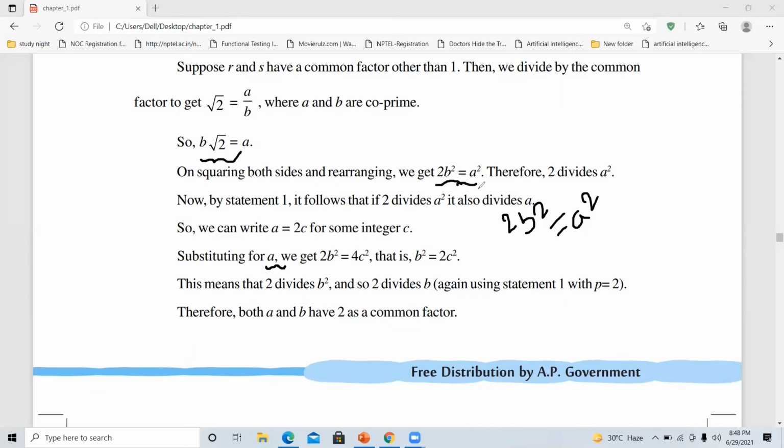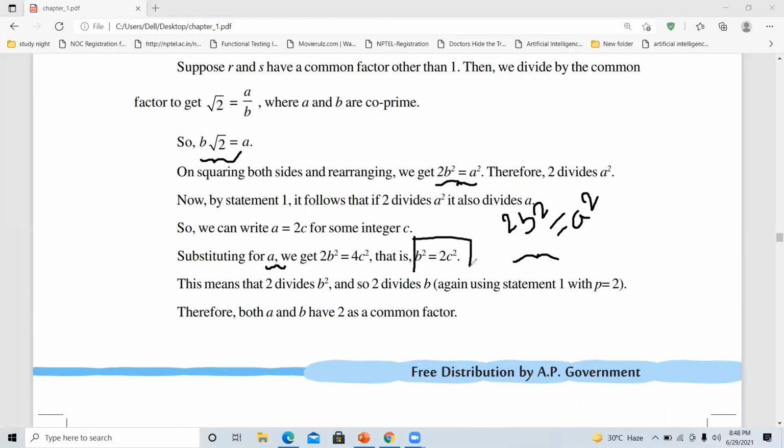When we substitute a equal to 2c in a square, we get 4c square. So we get 2b square equal to 4c square. Now successfully we got b square equal to 2c square.